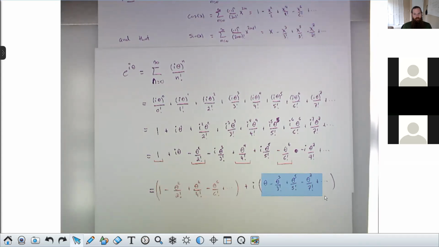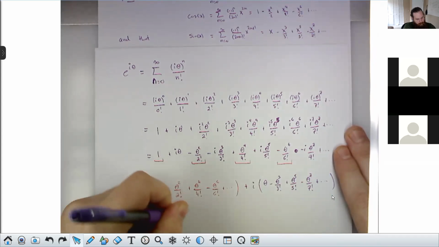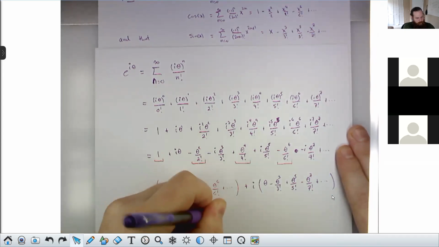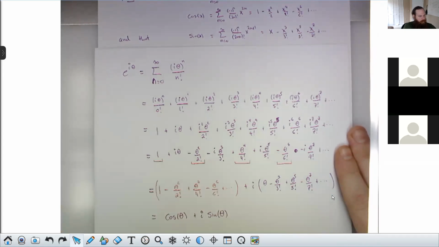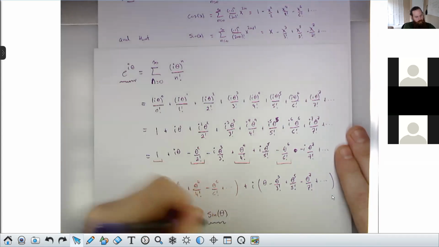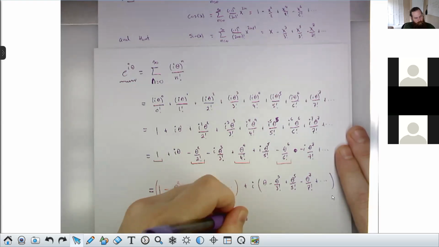So this is sine theta, which means what we have altogether here is cos theta plus i times sine theta. So e to the i theta really is cos theta plus i times sine theta, and that's the proof.